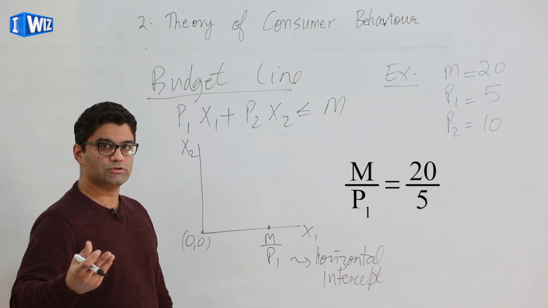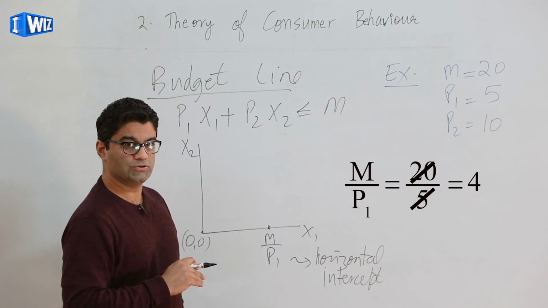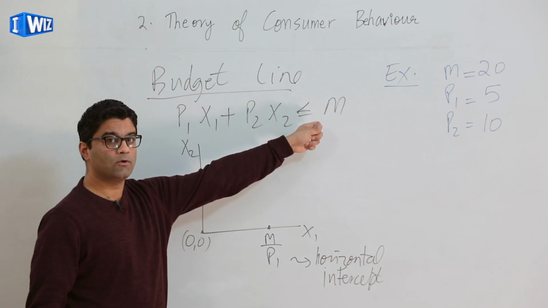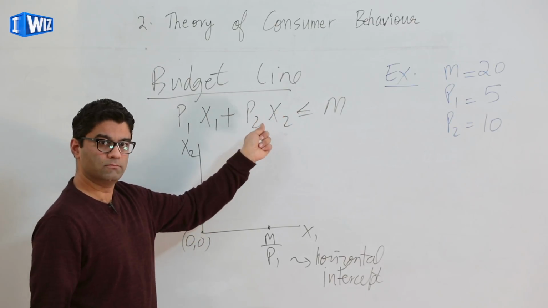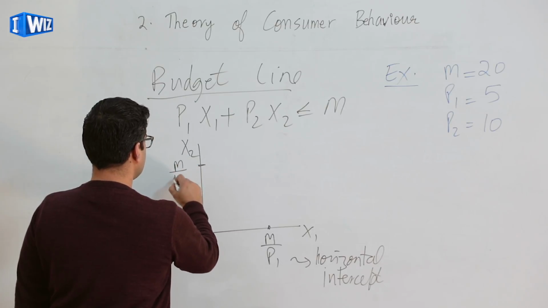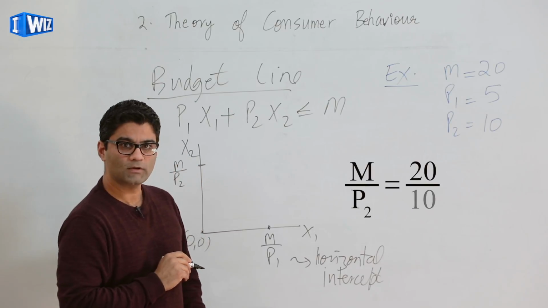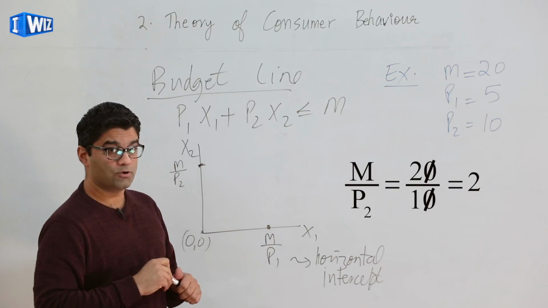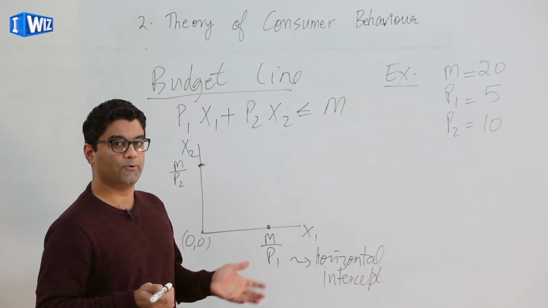If you choose to consume nothing but good 2, which means you do not want to consume any of good 1, then all you have to do is spend all your income on good 2, which costs p2. So your vertical intercept is going to be your income divided by p2. Those are usually a good starting point when you're graphing this, because they give you your endpoints.